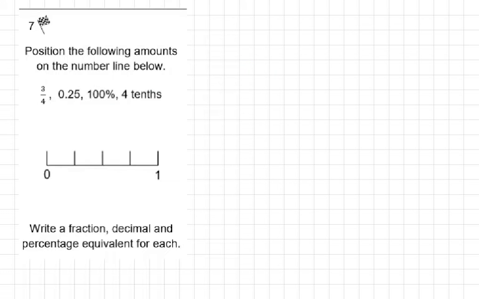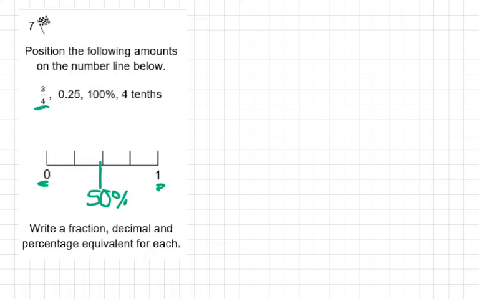Okay. Position the following amounts on the number line below. Look at your landmarks, 0 and 1. That means before I put anything on, I'm just going to mark that that is 50%, or a half, or 0.5. Okay, 3/4.